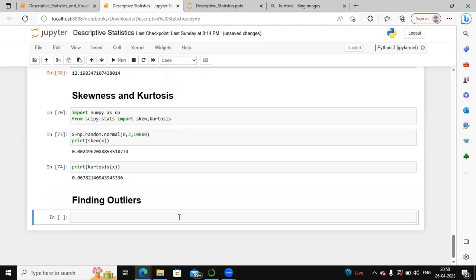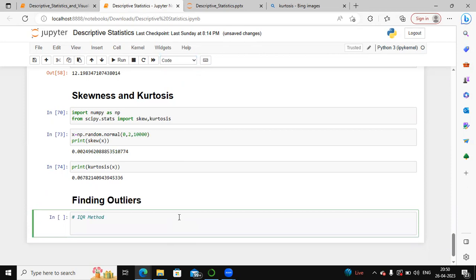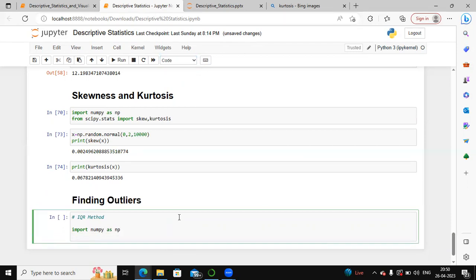We are going to find outliers using the IQR method. So we have to import numpy as np. We have already imported that. So let's take some data points.